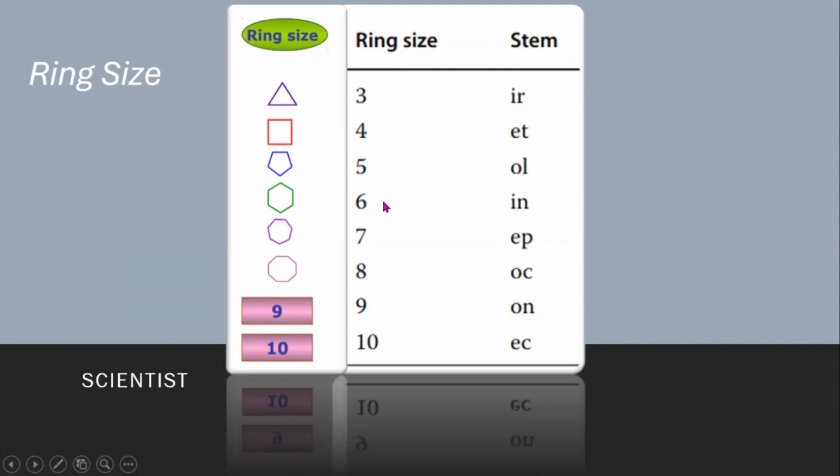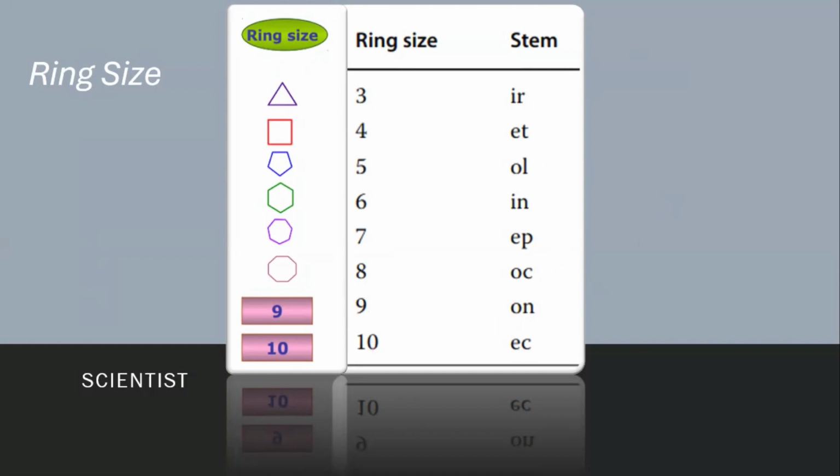If it is 6-membered, we will name it in. A 7-membered ring is ep, an 8-membered ring is oc, a 9-membered ring is on, and a 10-membered ring is ec.